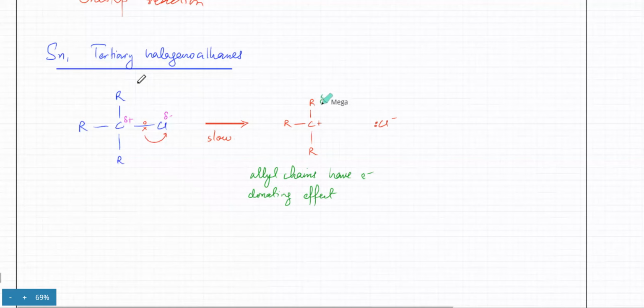lots of electrons. Unlike hydrogens, if the carbon is surrounded by hydrogen, hydrogen doesn't really have electrons. It only has one electron. But a carbon chain has lots and lots of electrons. Like carbon itself has six electrons compared to hydrogen. So if there's a positive charge in the center of the carbon chains, the positive charge is going to be smaller in size.